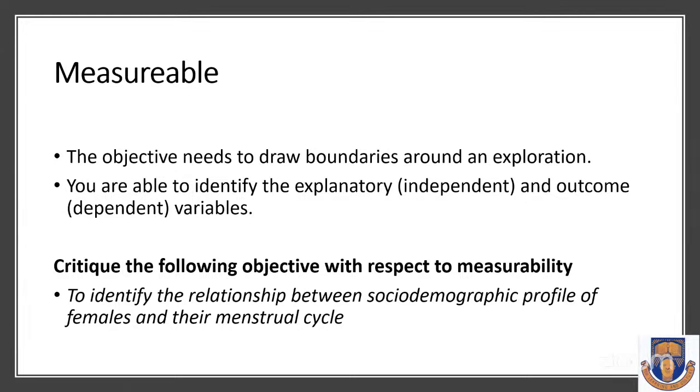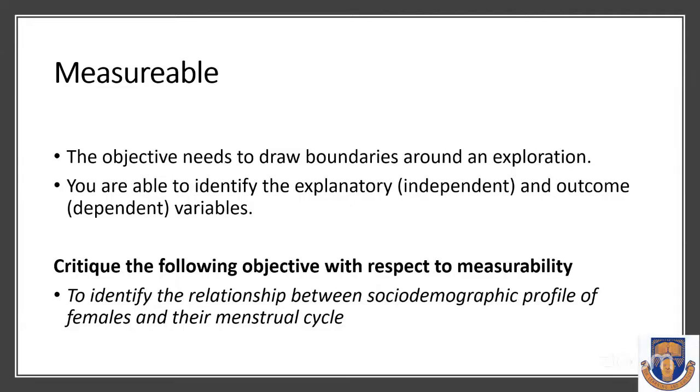You are able to identify the explanatory variables, the independent variables. What is it that we're exploring? And let's critically look at this objective to be able to look at the element when we say measurability. This person says, I want to identify the relationship between social demographic profiles of females and their menstrual cycle.